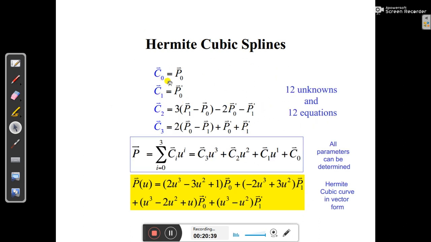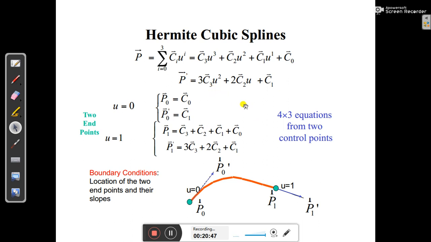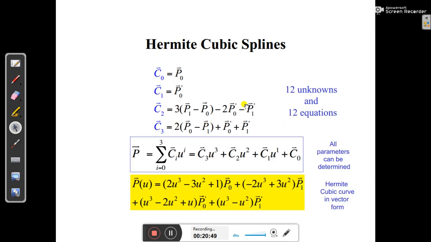So here C naught equal to P naught, C1 equal to P naught dash, C3 equal to, if we put the values, then we will find these constraints C naught, C1, C2, C3: 12 unknowns and 12 equations.